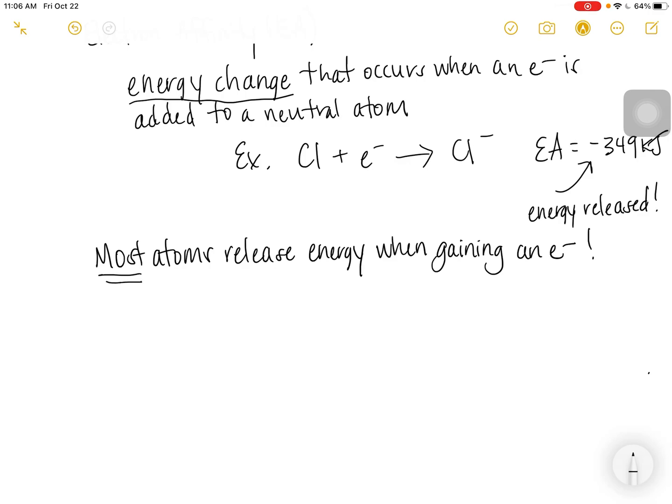So most atoms do release energy when gaining an electron, and thus their electron affinity would be negative. But there are a few exceptions. Okay, so that's kind of what we want to talk about. So that would be where electron affinity is actually positive. Energy is not released.